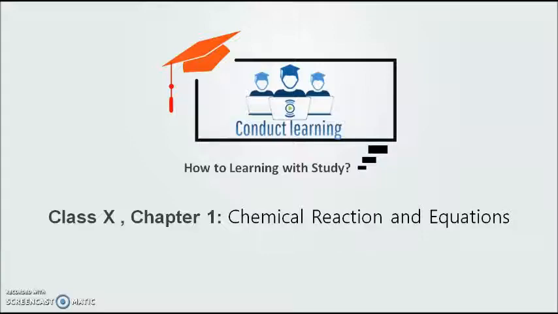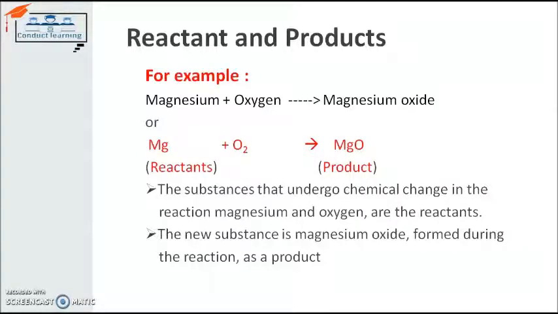What are the reactant and product in a chemical reaction? Here, as an example, a simple reaction of magnesium with oxygen is given. The same reaction you saw in the previous video, where magnesium and oxygen react and give you magnesium oxide.